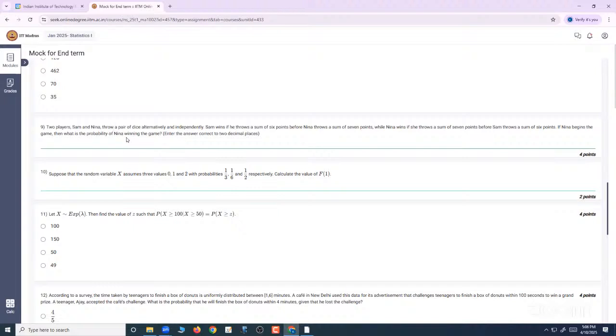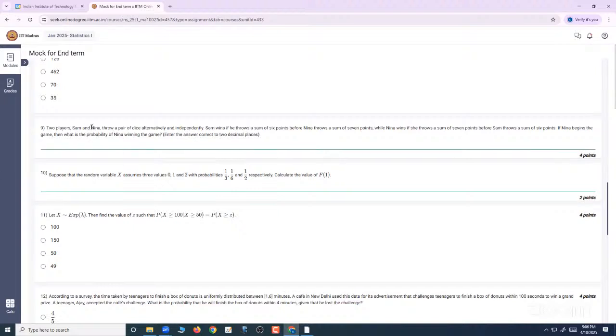So Sam is throwing a pair of dice, Nina is also throwing a pair of dice. If we are throwing a pair of dice, then only we can get the sum of 6 points and sum of 7 points. So it's only the outcomes. 6 points means the sum of two dice.